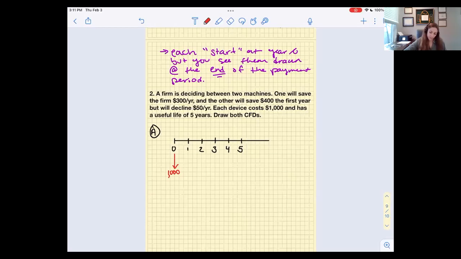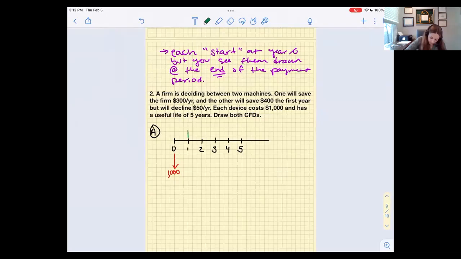How about that 300 per year? How do we draw that? Up at every year. Okay, starting where? What's the first year we draw the arrow? 1. Good.